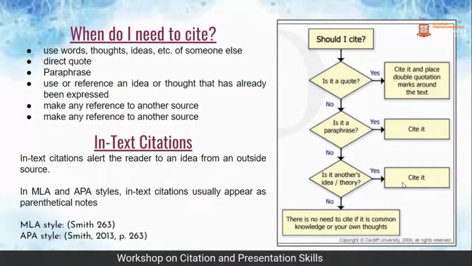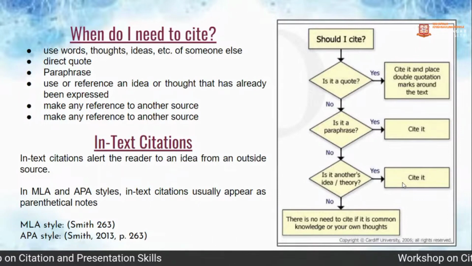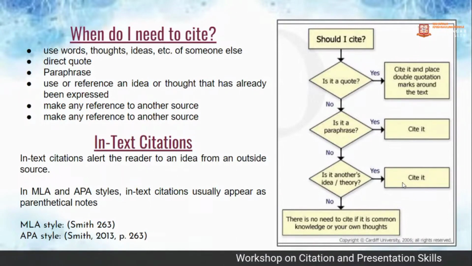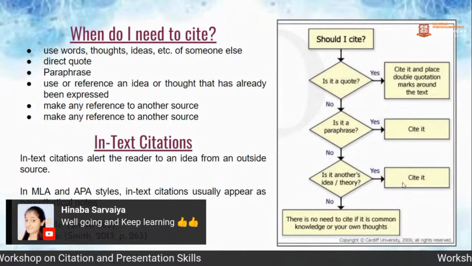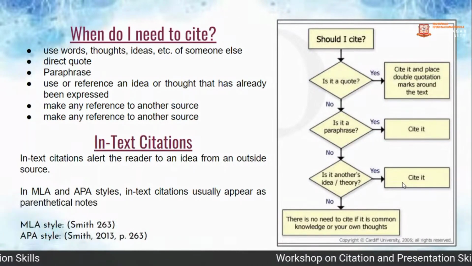But you can see this in-text citation is done in a parenthesis, that is a circular bracket, and this bracket is placed at the end of an idea or a sentence which you have copied, or copied in the sense you have used the original from another article or from the original text of the novel.